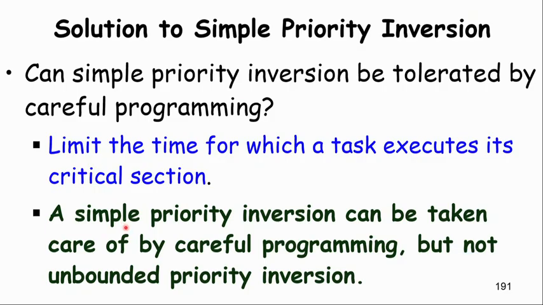A simple priority inversion can be taken care of by careful programming, but we will see that the unbounded priority inversion problem cannot be handled in a similar way through careful programming. Let us see how to solve the unbounded priority inversion, because this is the difficult problem. Simple priority inversion can be solved through careful programming.